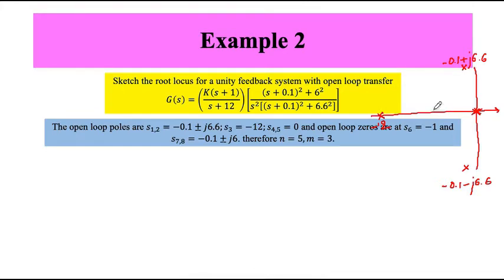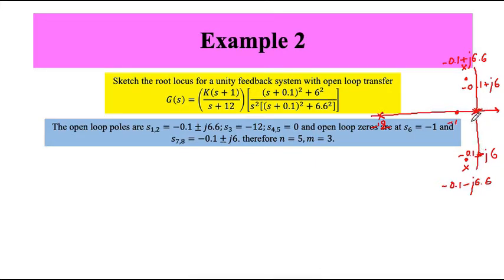My zeros are at minus 1 and at minus 0.1 plus minus j6. So it is not at 0, it's 0.1, approximately around the imaginary axis.